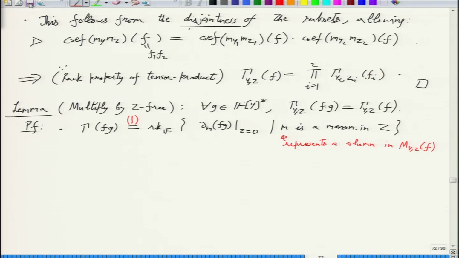So once we have this, what can you say about the derivative of fg? G doesn't have any z, so G comes out. Can't we prove this directly by applying the previous formula? So G will be in only the first column, and that is rank 1.